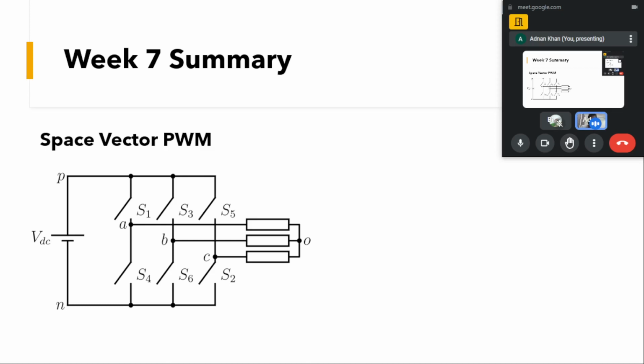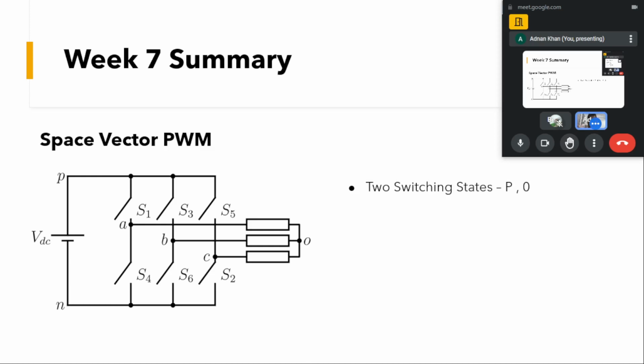Today we will be going through space vector PWM, which has already been taught. This is just to brush up the idea that space vector modulation is another modulation technique to generate these sinusoidal voltages at the output.